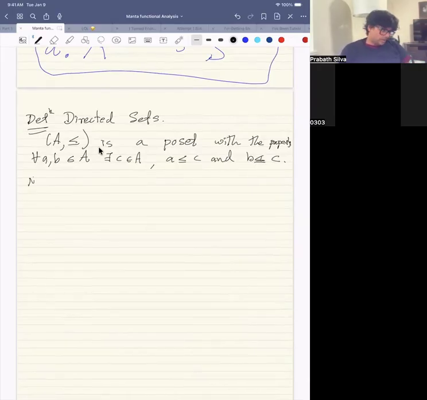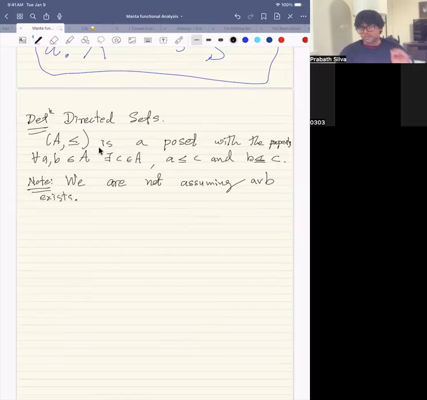So note, we are not assuming that a join b exists. Remember, this is just a partially ordered set, and we are not assuming that this is a lattice.